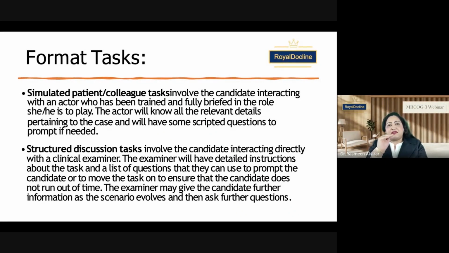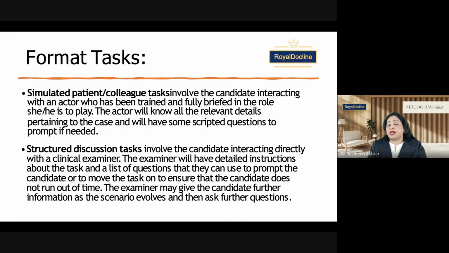The candidate should be very clever and should know what hint is being given by the examiner. And in the structured discussion task, I always tell in my rounds as well, they are looking for some key points and key words which they want to hear from you. And you have to go through all these things.